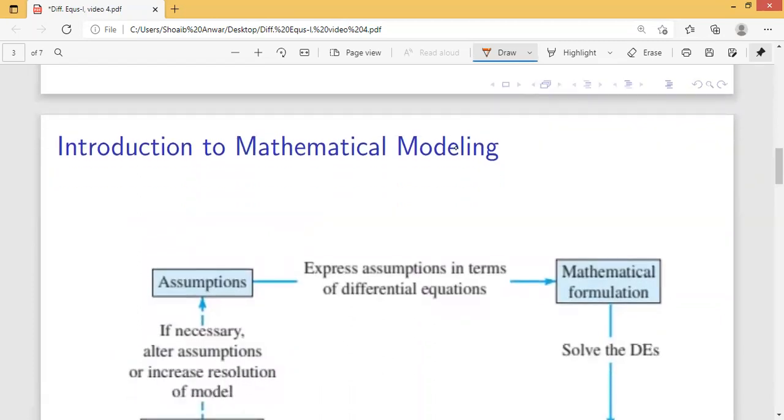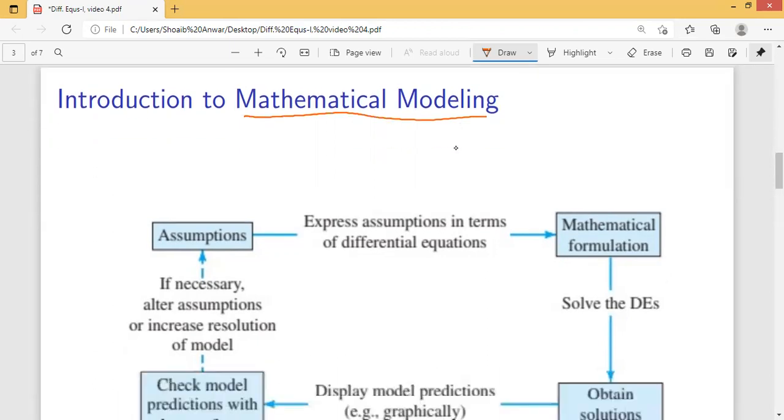Before jumping into the population growth model or population dynamics, let me introduce the basics of mathematical modeling: why we are interested in it and how we proceed while doing it. First of all, when we are dealing with a physical situation, we convert that physical situation into a mathematical model with the help of some assumptions.